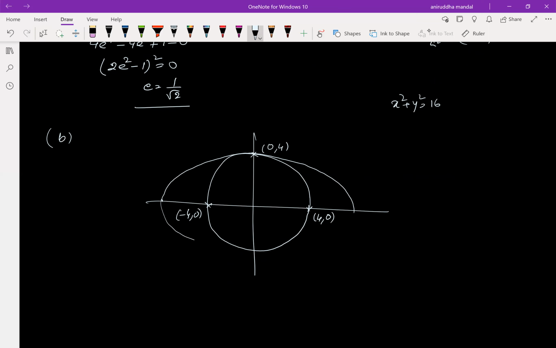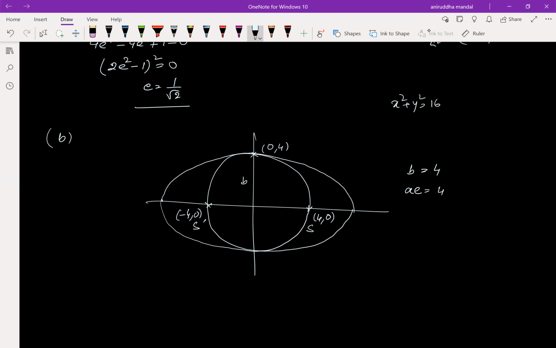Okay, so this is the ellipse, and these are the two focus points, S and S dash, for example. And if this touches the circle, so this is B. So B is 4 and AE is 4.